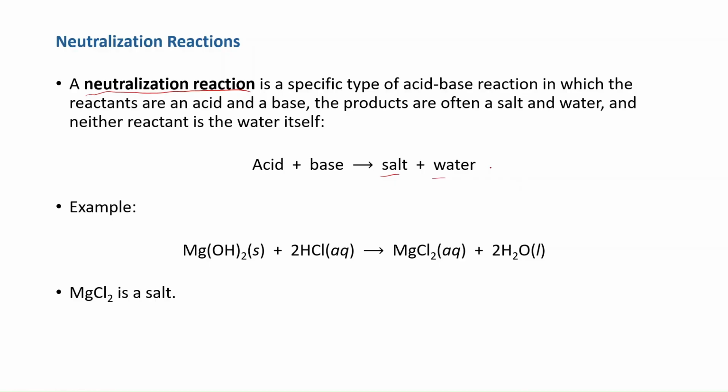This solution may or may not be neutral. It depends on the salt. It's called neutralization because the acid neutralizes the base and the base neutralizes the acid, basically. So you have a base, magnesium hydroxide, and an acid, hydrochloric acid. They form salt, magnesium chloride, and water.